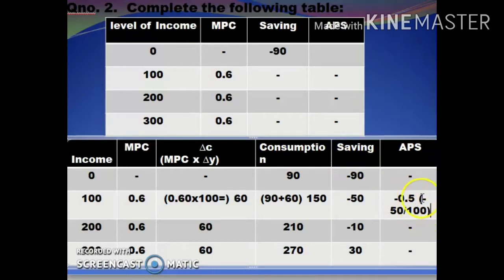Next column, minus 10 divided by 200. The answer is 0.05. Next you will have 0.1 as the answer.